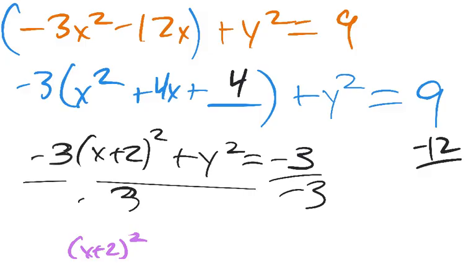Because I have to divide everything by -3. So I divided the first term by -3, I have to also divide the second term by -3. So y squared over -3 is negative y squared over 3, equals 1.